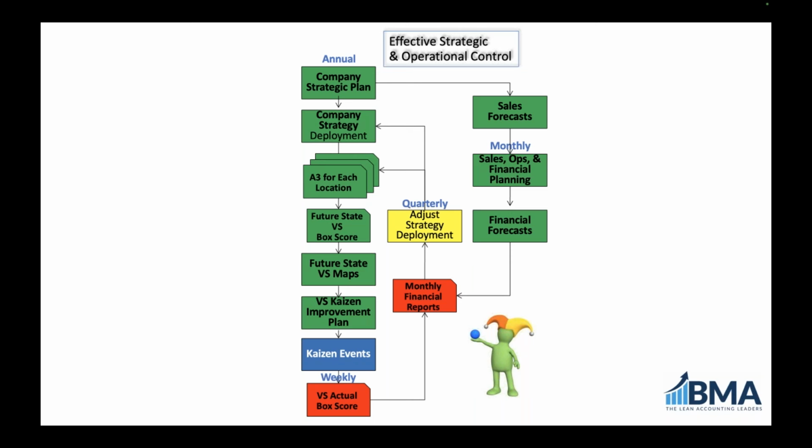From there, you derive your future state maps and your improvement plan. You conduct the Kaizen events. The results show up in your actual weekly box score. On a monthly basis, you're doing sales, operations and financial planning. You're updating financial forecasts. And on a quarterly basis, you're looking at adjusting strategy deployment.